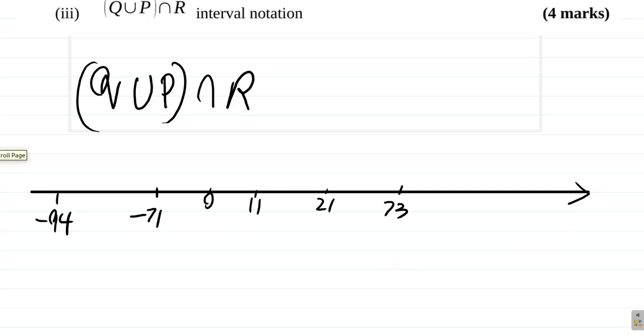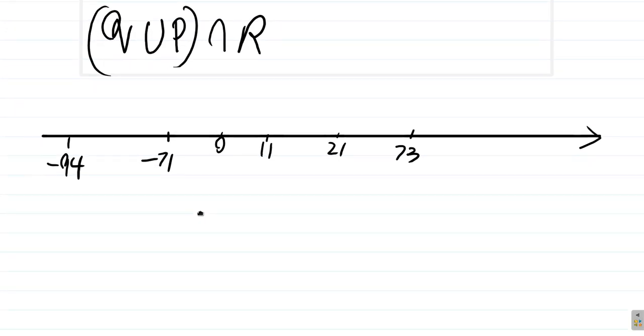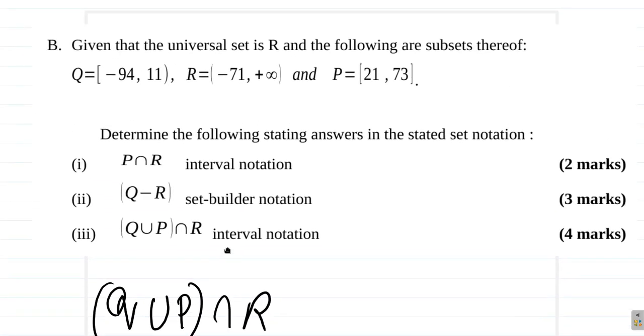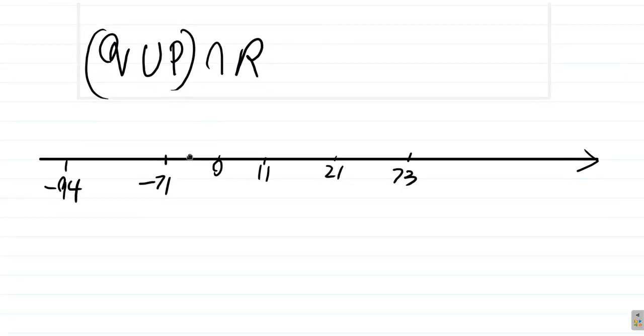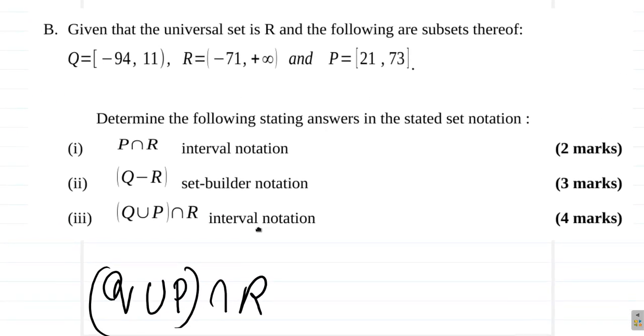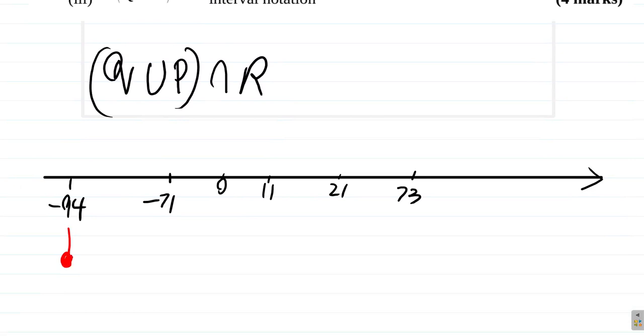Now, here, we want Q union P. So, what is Q? Q goes from negative 94 inclusive, alright, from negative 94 inclusive up to 11.